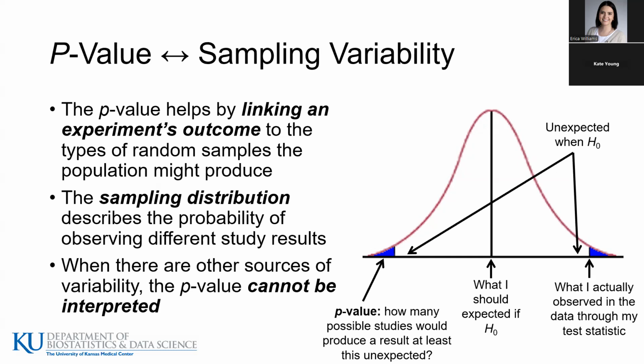This is related to the sampling distribution, which is the probability of observing different study results. Like I said before, multiple studies can be conducted in one population using different samples of data. Those different samples of data will give us a sampling distribution of the actual parameter value that we're trying to estimate.